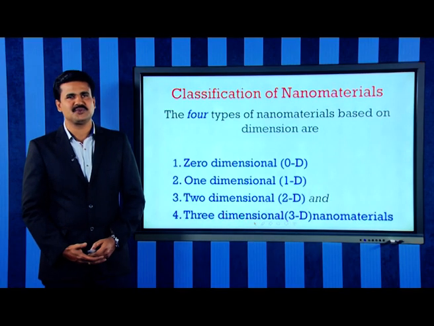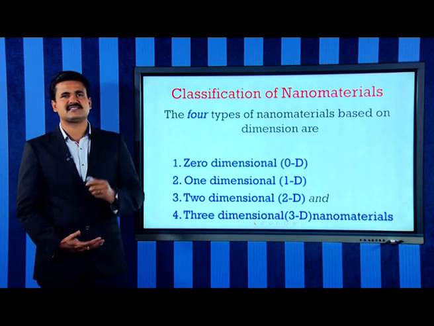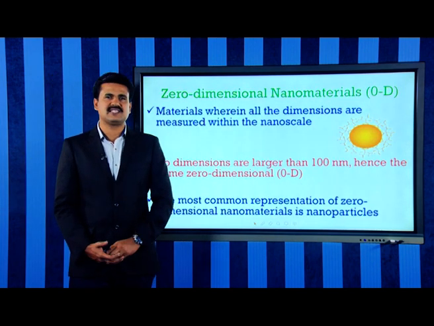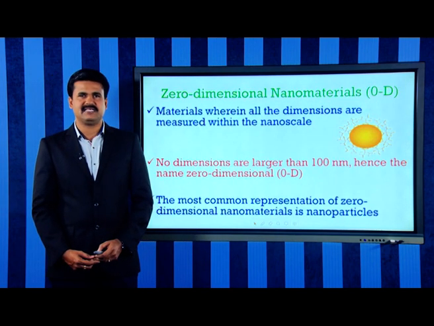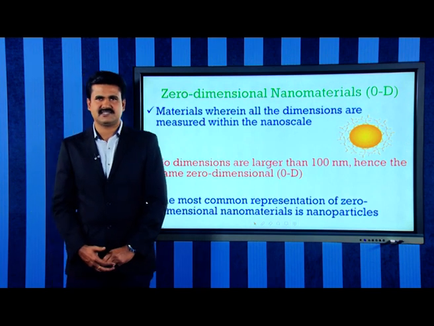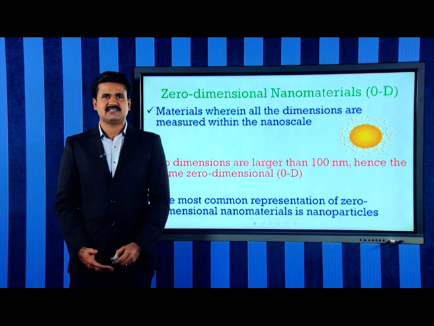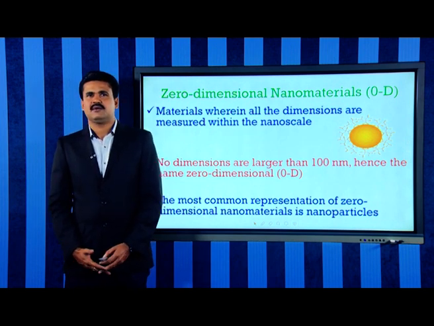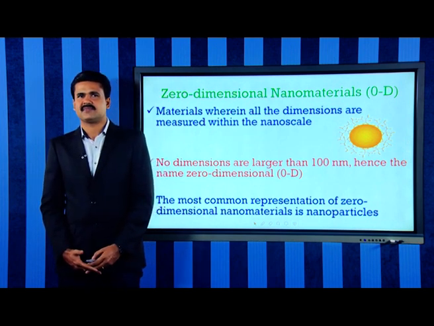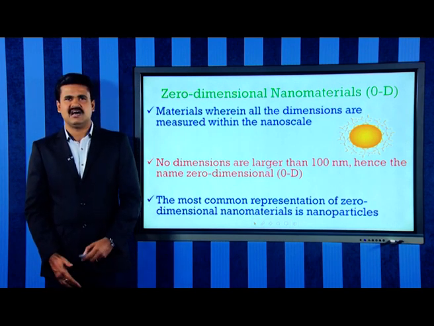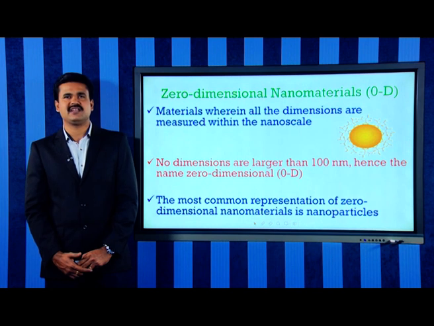Let us enter into details of each and every type of these nanomaterials. First of all, zero-dimensional nanomaterials. Zero-dimensional materials wherein all the dimensions are measured within the nanoscale are termed as zero-dimensional nanomaterial.